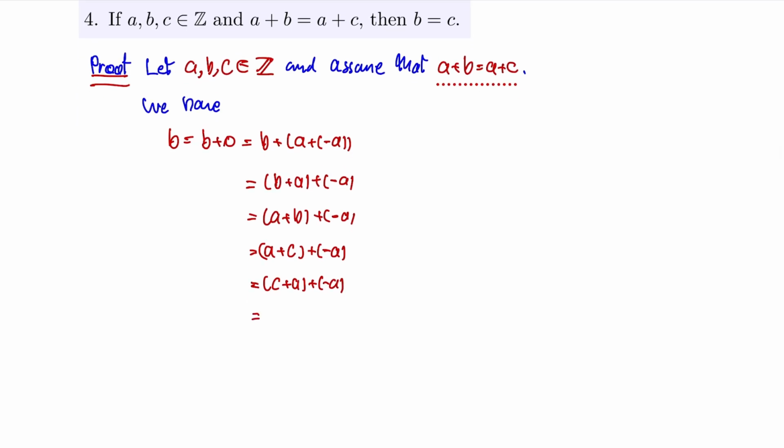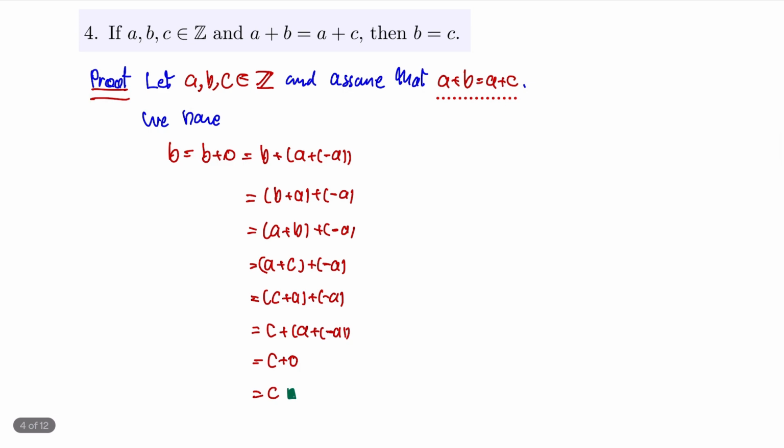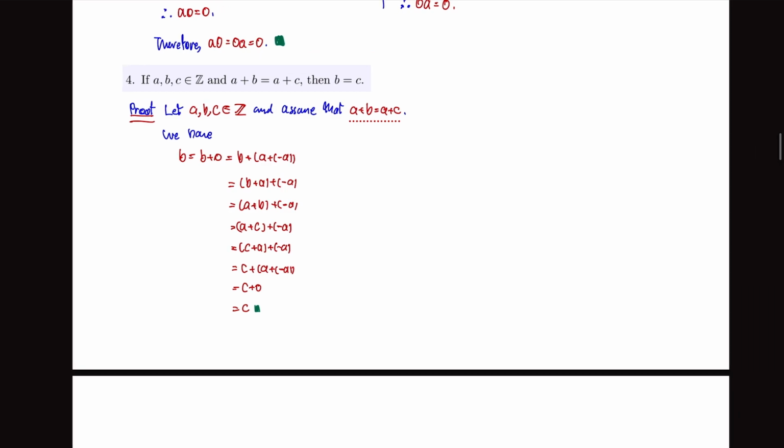Using associativity, we have c plus a plus minus a. So a plus minus a becomes 0, and c plus 0 is just c. Hence we have proved that if a, b, c are integers and a plus b equals a plus c, then b equals c. So we can cancel a on both sides.